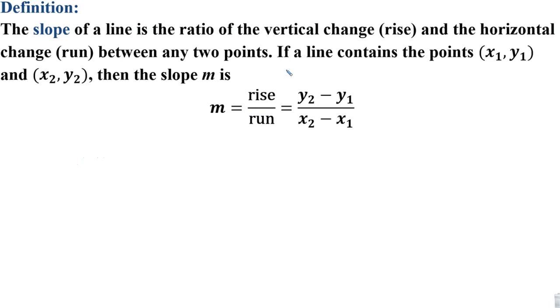We'll say if a line contains the points (x1, y1) and (x2, y2), two general points, then the slope m, we'll abbreviate it as m, is the rise over run, which will be the change in the y's over the change in the x's. So m equals y2 minus y1 over x2 minus x1.